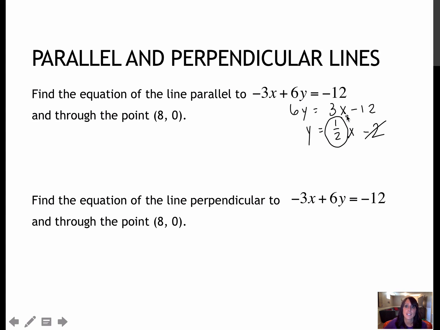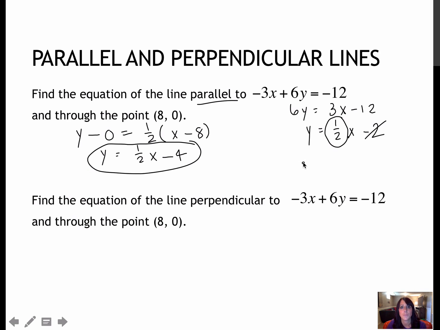I care that the existing line has a slope of 1/2, which means the parallel line will also have a slope of 1/2. So y minus my y value equals my slope of 1/2 that I've stolen from the other equation, and then x minus my x value. On the left side, y minus 0 is just y. On the right side, I'll distribute to get 1/2 x minus 4, and that's my solution.